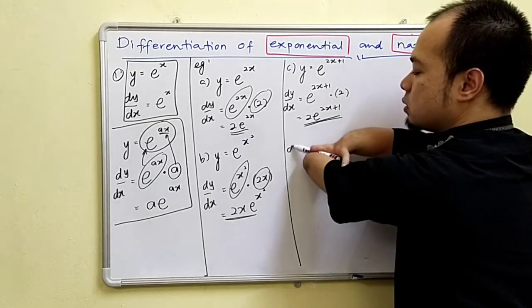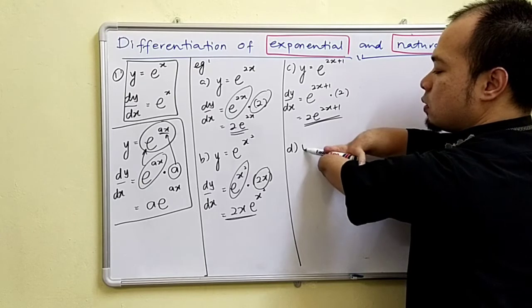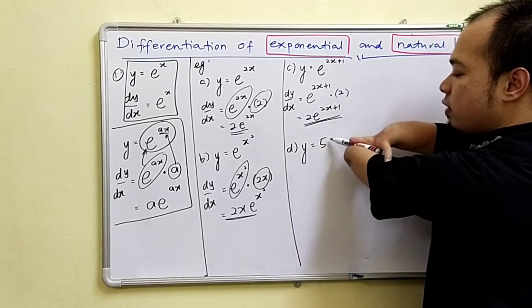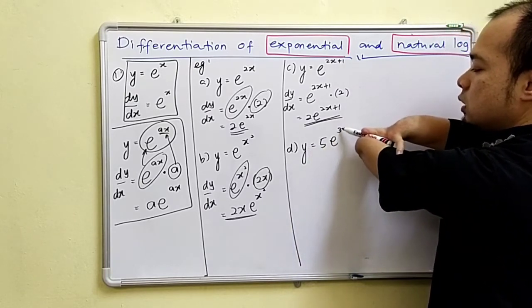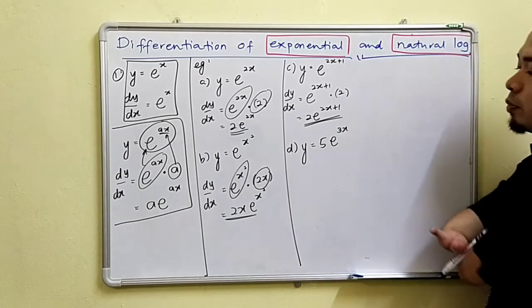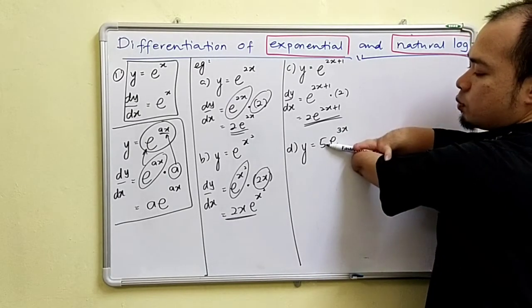Another example. What if y is equal to 5e to the 3x? Now I put the constant before the exponential.